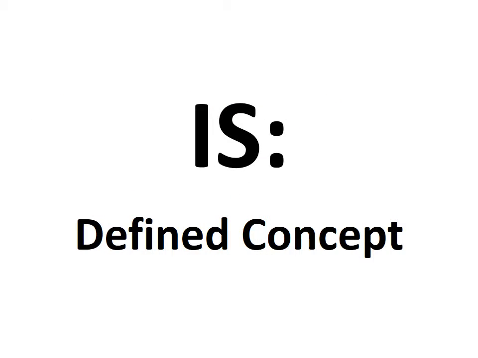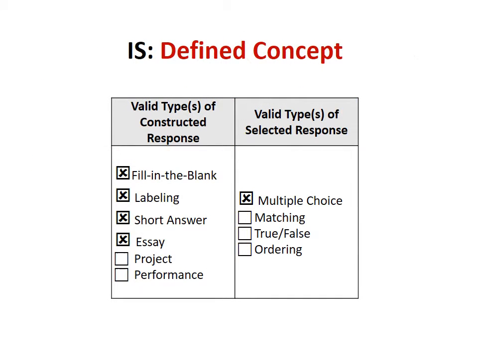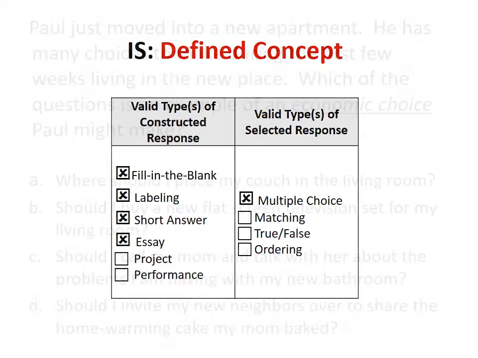A defined concept, as you know, is a little bit more abstract than concrete concepts. Here's an example of one. Students will identify examples of making an economic choice and will explain the idea of opportunity cost. So those are defined concepts. Since they're defined concepts, if you look at the guide, it indicates that quite a few constructed response items would be appropriate, and what is recommended for selected response would be this.